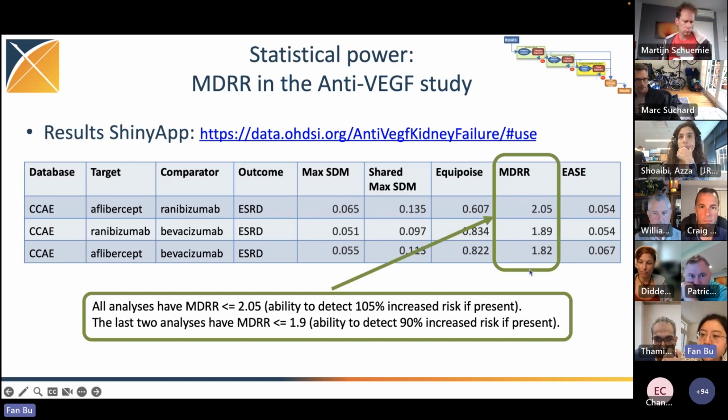But across the three MDRRs that I'm copying over in my slide here, we notice that we have the ability to detect a 105% increase in the relative risk. So that's reasonably good enough, meaning that we do have enough power to produce informative, interpretable evidence.